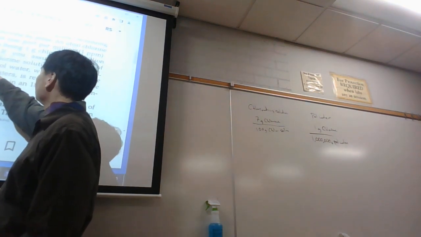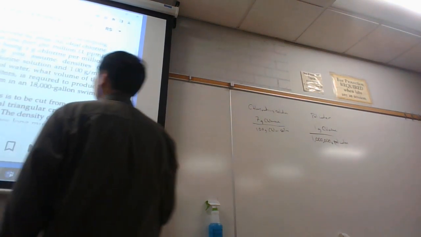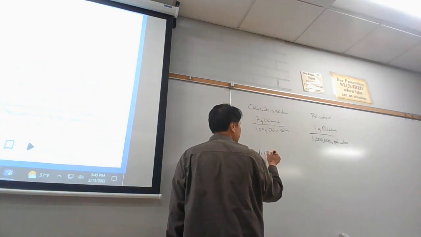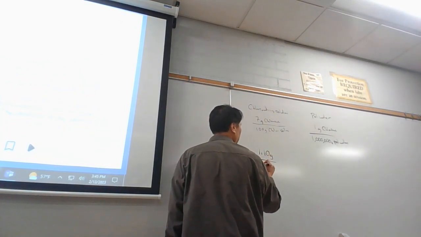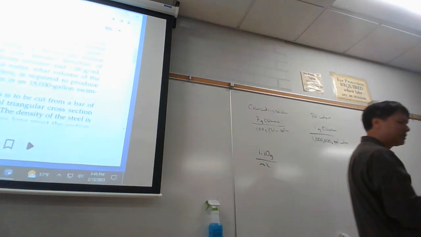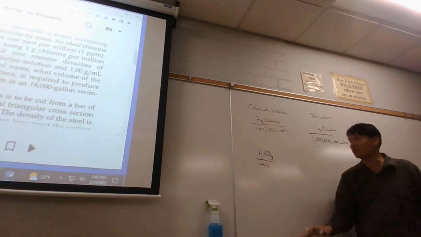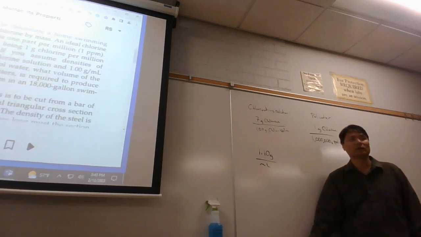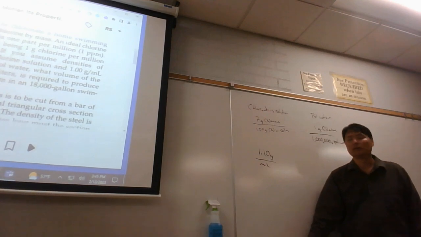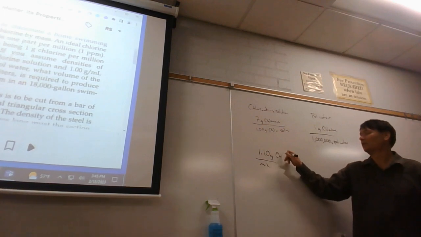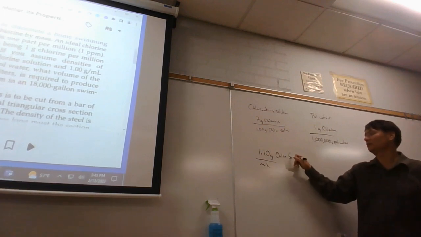Okay, if you assume densities of 1.10 grams per milliliter for the chlorine solution, so the chlorinating solution is going to be 1.10 grams per milliliter. So it's grams of what per milliliter of what? In Chem 1A, we have to do this. In Chem 4, we don't necessarily have to do this. In Chem 1A, we need to know it's grams of what. This is going to be grams of chlorinating solution.